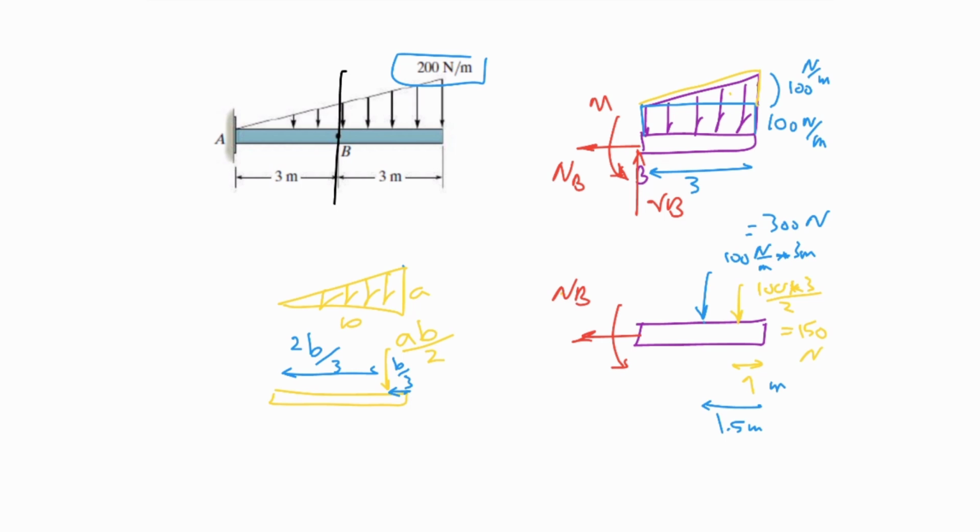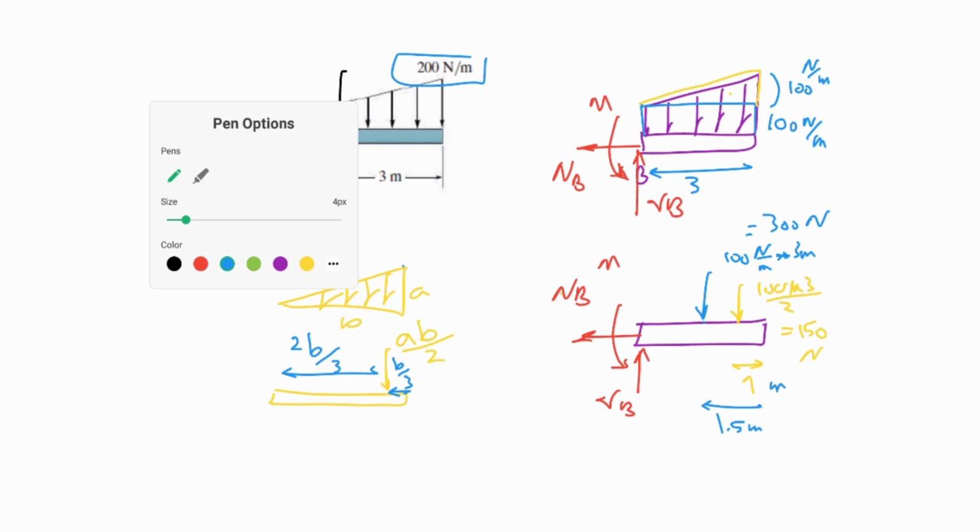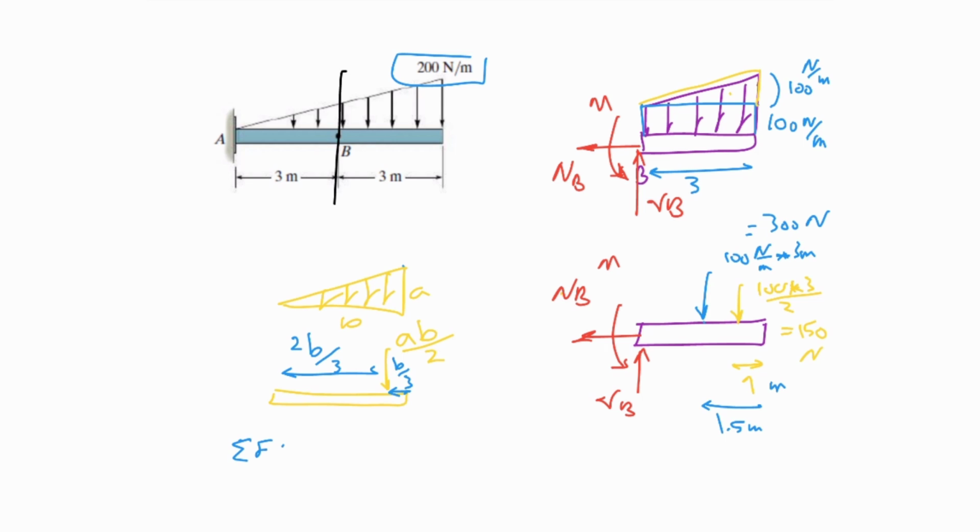For the reaction forces, I just put them there, and I know this should be upward VB. Right now I can write down the equations, including sigma Fx equal to 0, which gives me NB equal to 0, because I don't have any other forces in this direction.